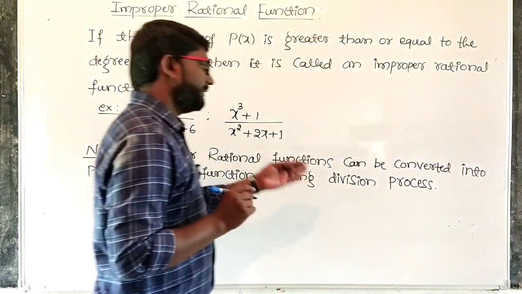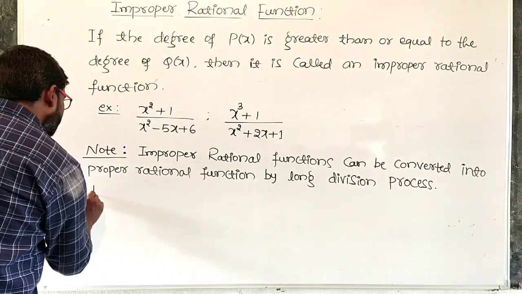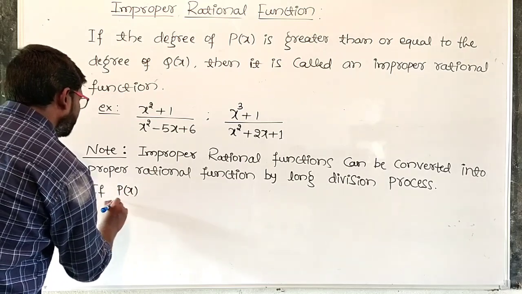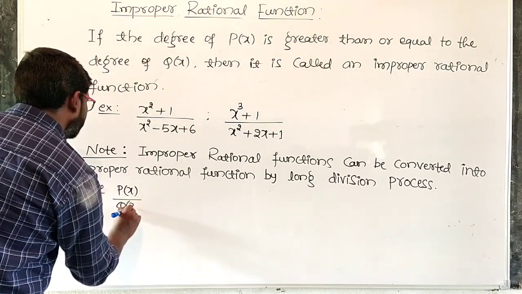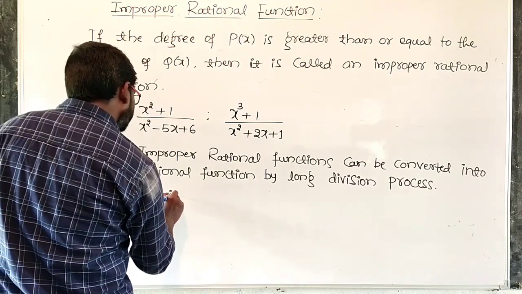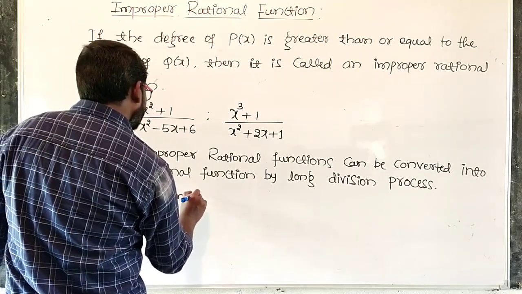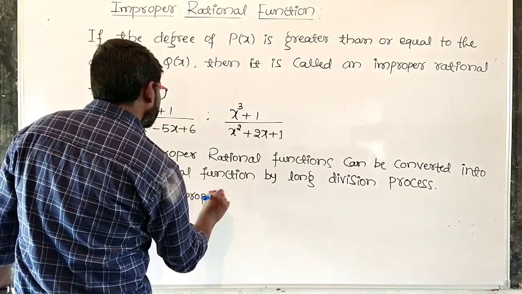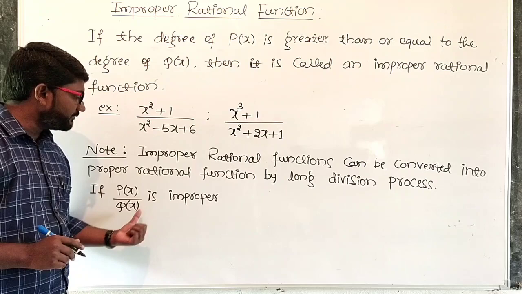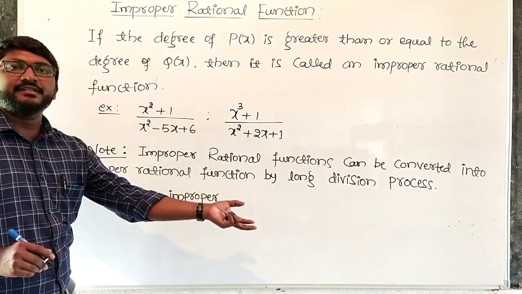So now, if P of x divided by Q of x is an improper rational function, then how do you convert this to a proper rational function?